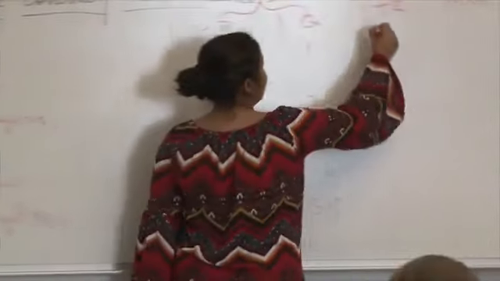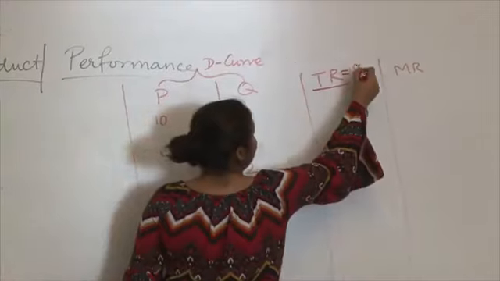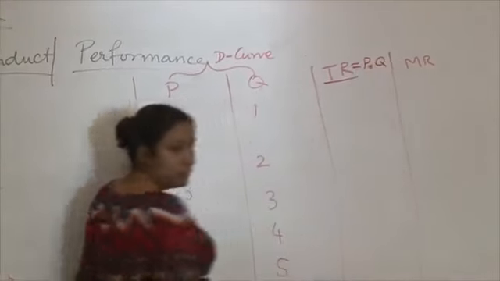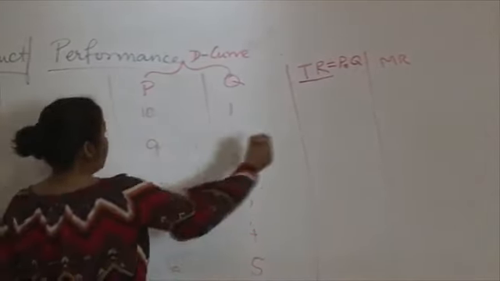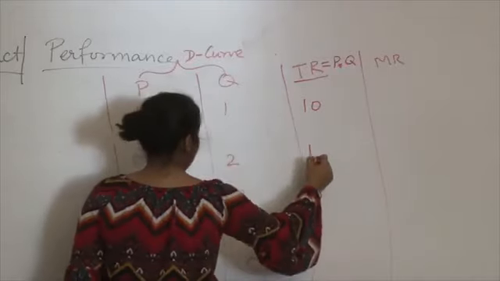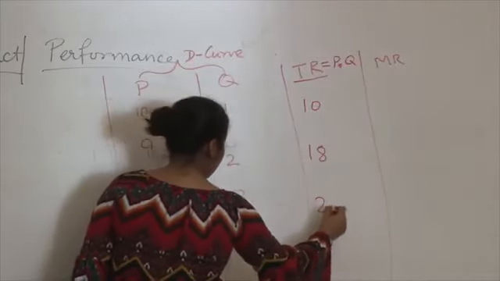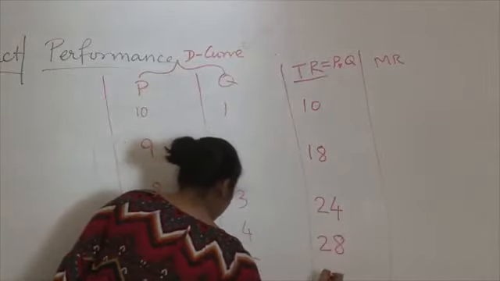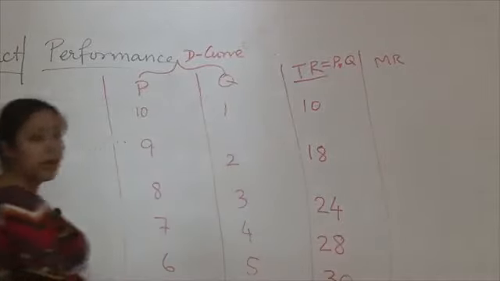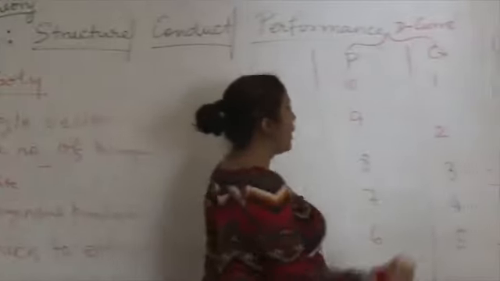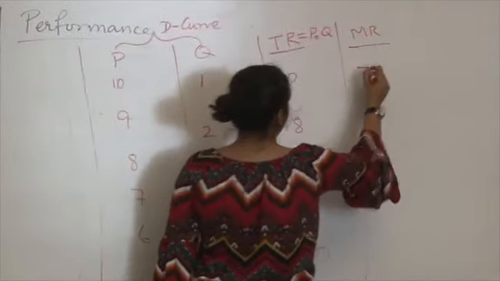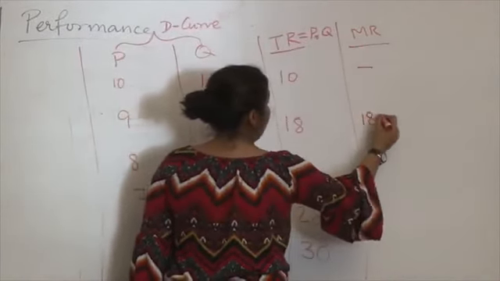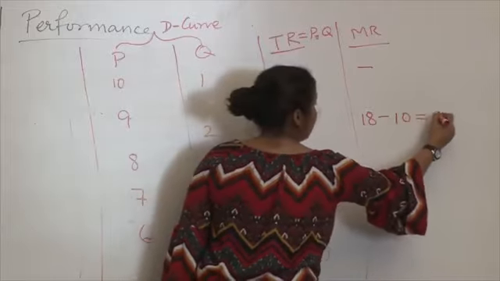Now, if I want to get total revenue from here, total revenue will be price times quantity, correct. So, this will be 10, 18, 24, 28, correct. Now, if I try to get the marginal revenue, then marginal revenue will be 18 minus 10, 2.